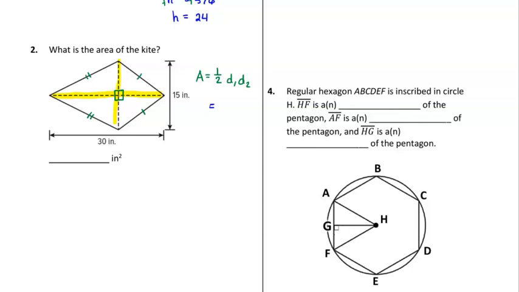So we've got 1/2 times 30 times 15, and you can put that 1/2 in parentheses as well. Go ahead and type that whole thing in your calculator. 1/2 of 30 is 15, and then 15 times 15 is 225. And so the area of this kite is 225 inches squared.